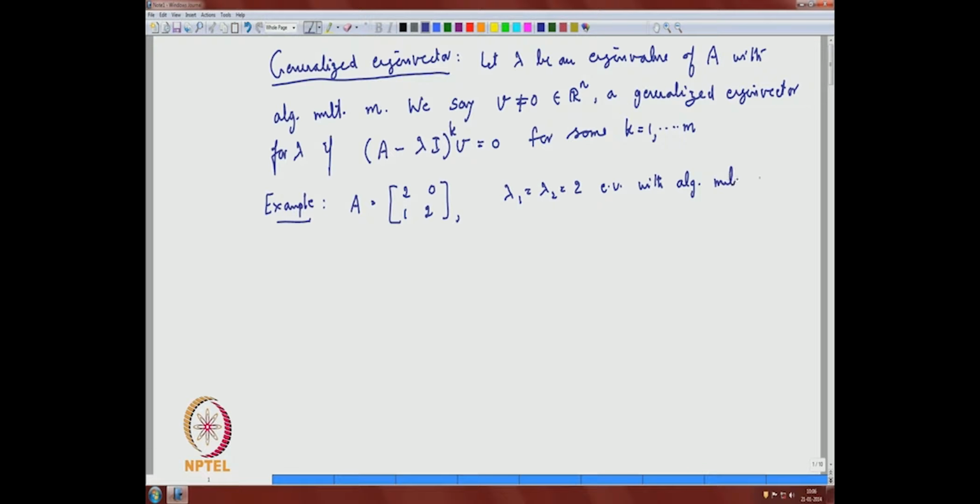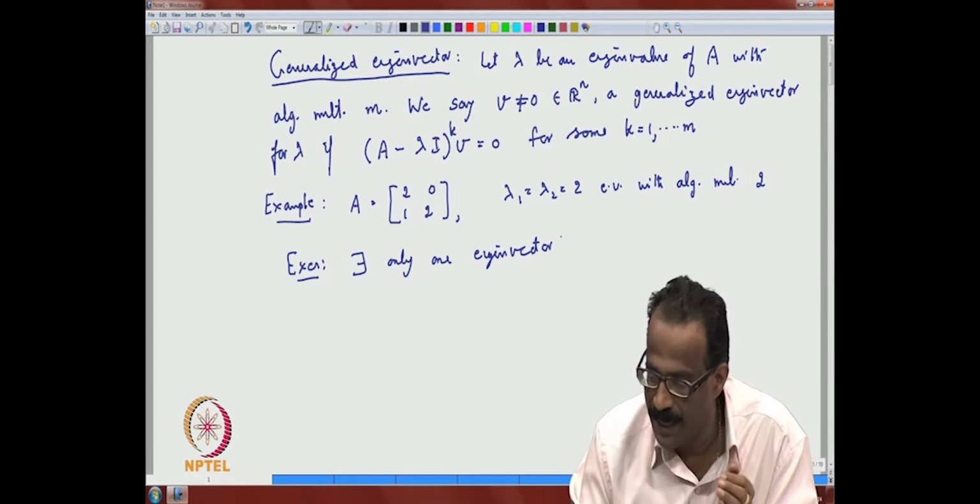The exercise is that there exists only one eigenvector, and that eigenvector can be chosen to be independent. When I say one eigenvector, I mean one independent eigenvector.